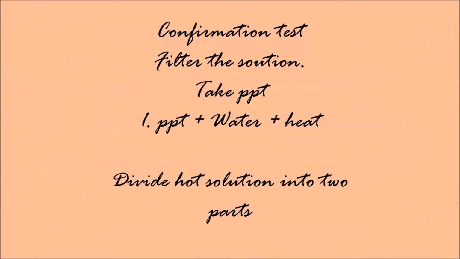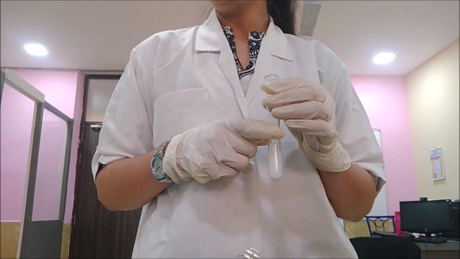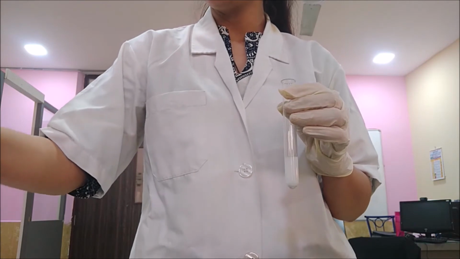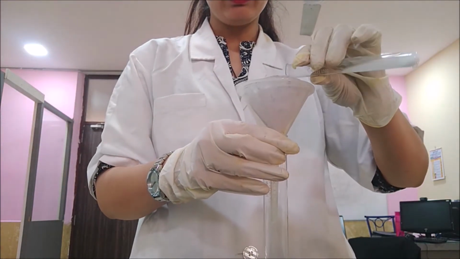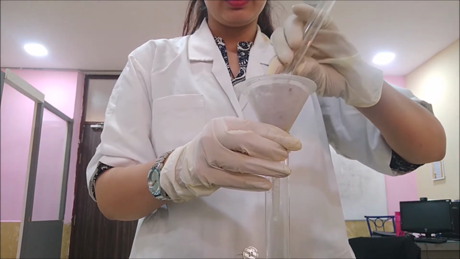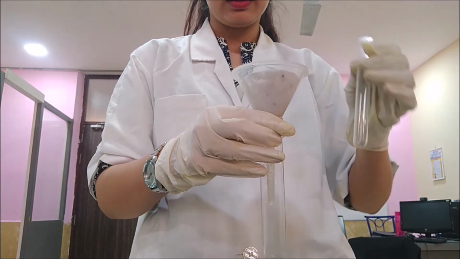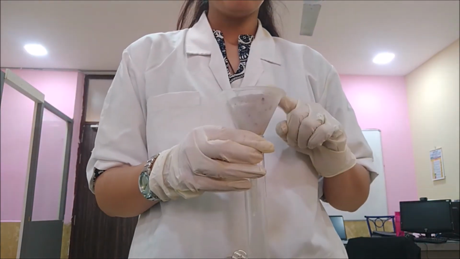Confirmatory test procedure. Now you have to add excess of hydrochloric acid and then filter this solution. After filtering, you have to discard the filtrate and extract out the precipitate.